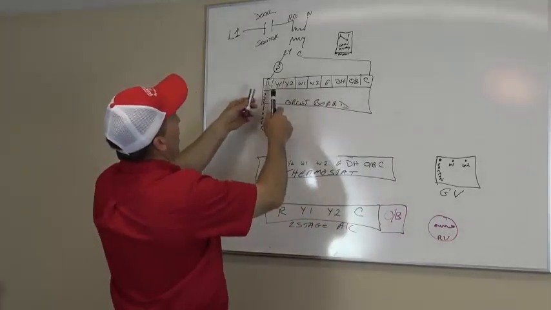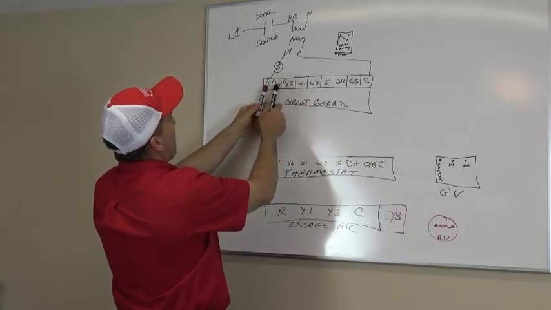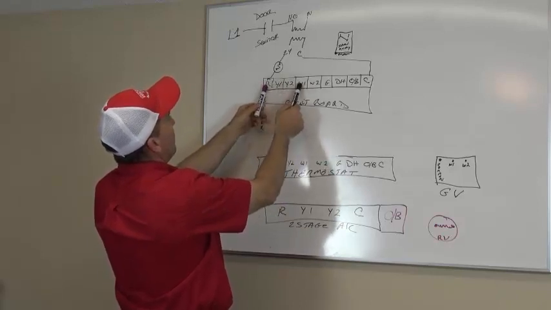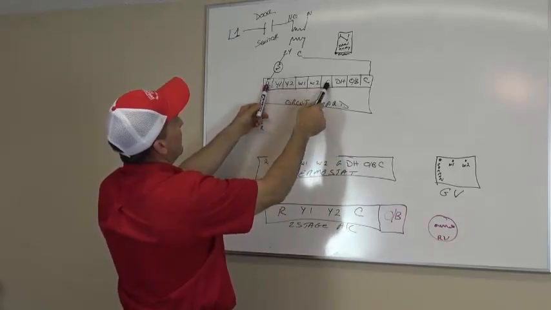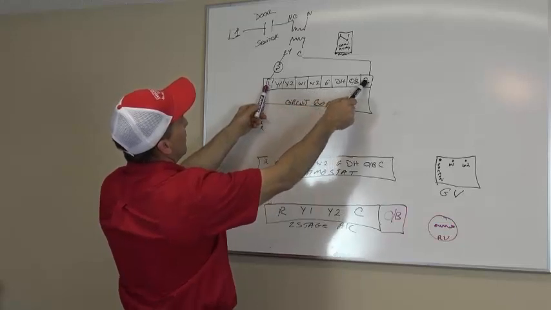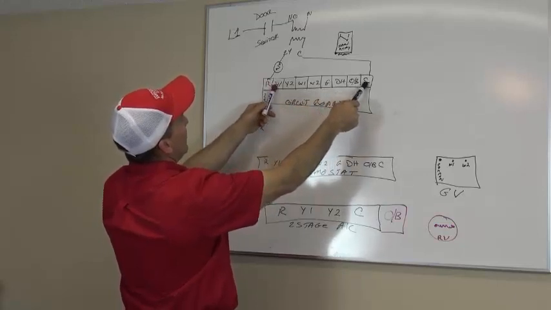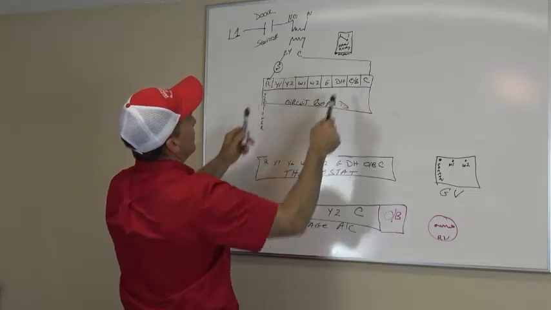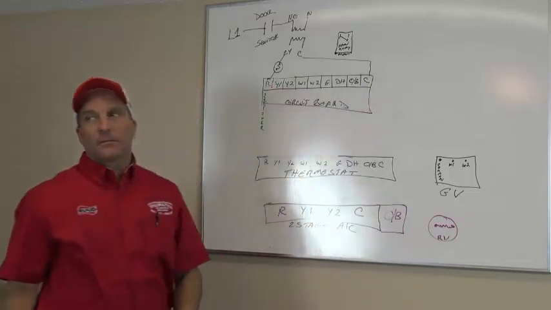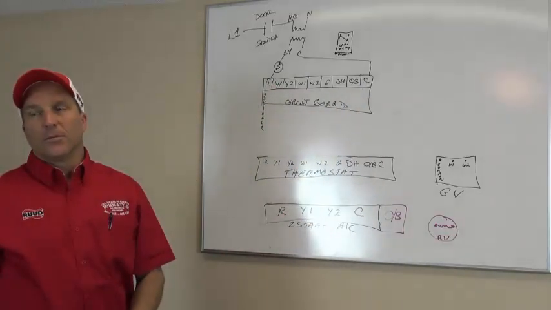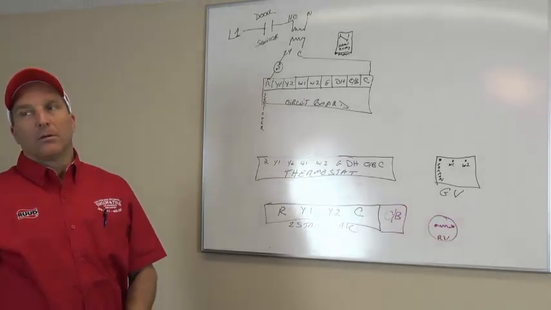Between R and Y, I'm reading what? Nothing. Here, nothing. Here, nothing. Here, nothing. No, 24. What about here and here? Nothing. Unless you have it calling.